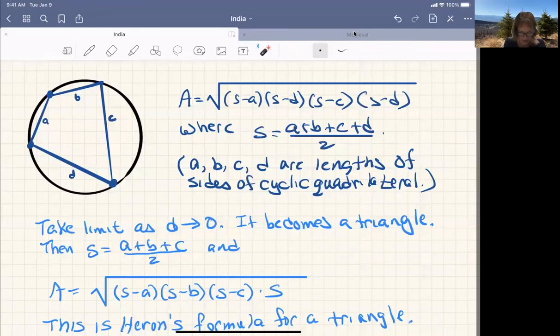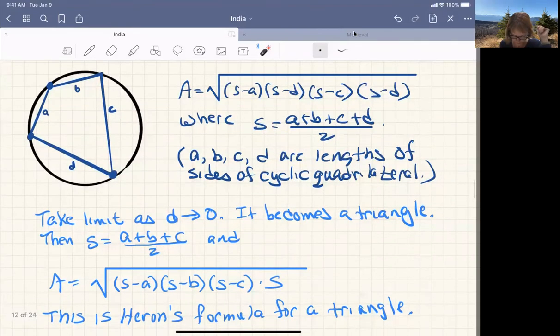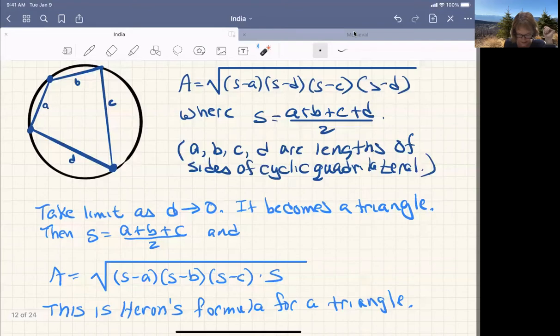So imagine that this length is getting smaller and smaller, but you're still always working with a cyclic quadrilateral. So if this goes to 0, imagine that this is merging with one of the other points. So if one side of a quadrilateral is 0, well, that means you really only have 3 sides. So it becomes a triangle.